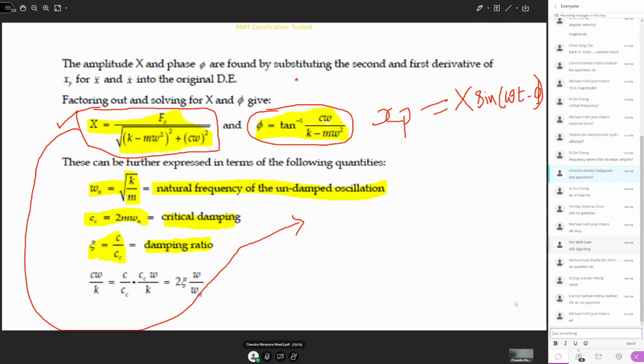So you can also write x, please note down. So this is one way of writing.